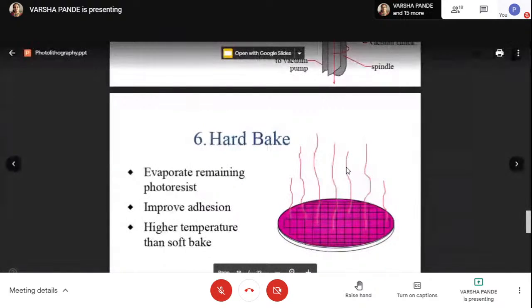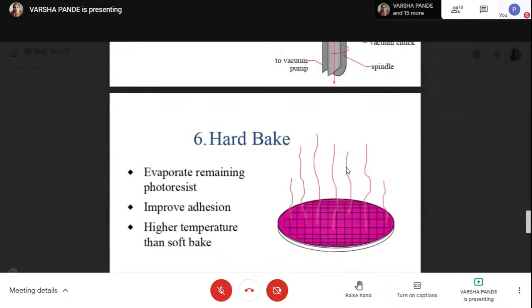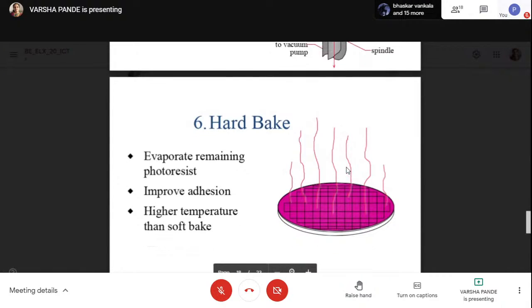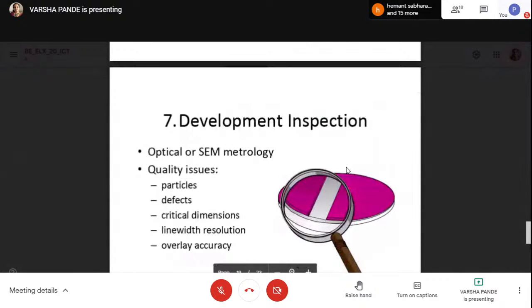After the developer operation, some part of the photoresist may be left over, so to remove that, hard bake is used. Then inspection. After the hard bake, inspection is done to check whether the windows created are as per the dimensions, whether any defects are there, or any leftover particles. All that will be measured. That is the development inspection.